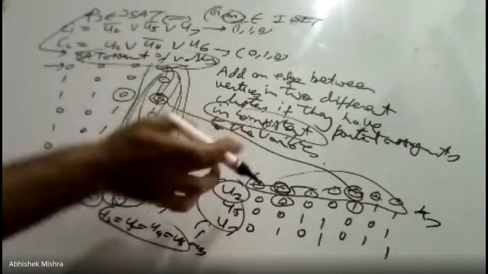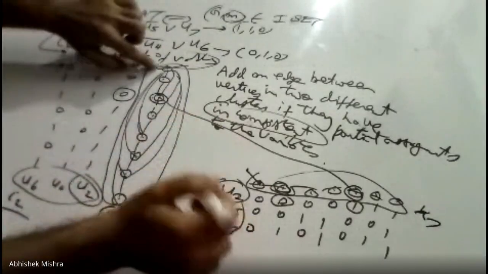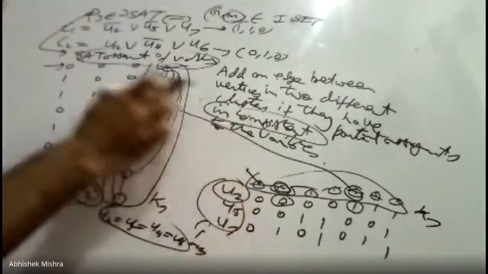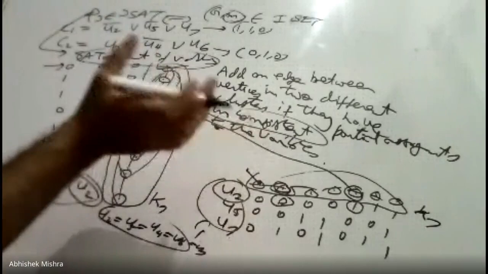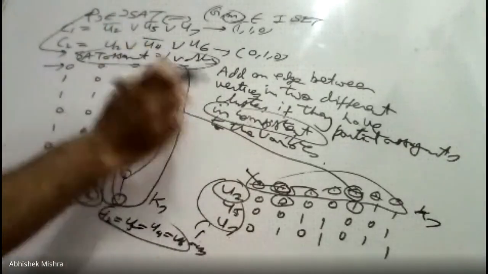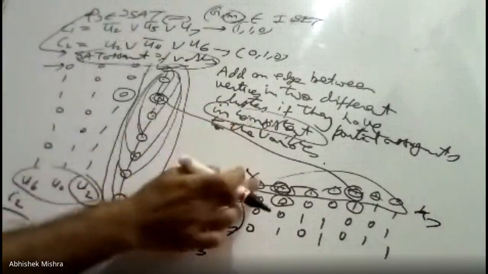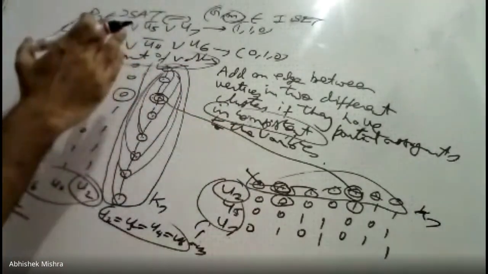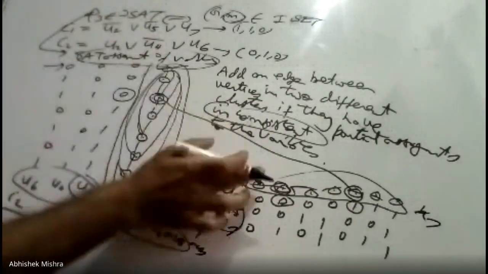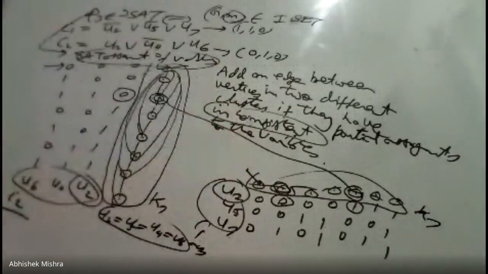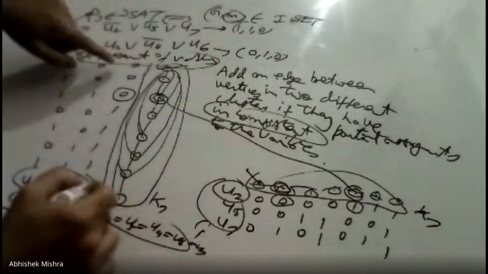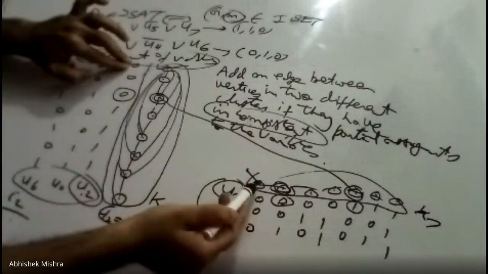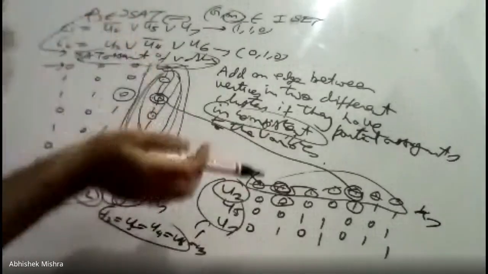So in our case, we have chosen these two vertices, and they will make an independent set. Why? Because there is no inconsistency between the shared variables, since they both satisfy the clauses. So there is no edge between them. Here you can see u2 has value 0, and the same value here also. So there is no edge, and it is an independent set.